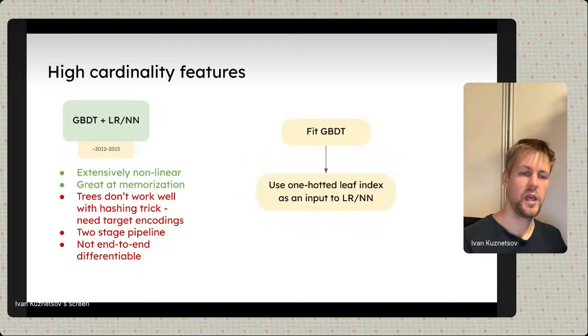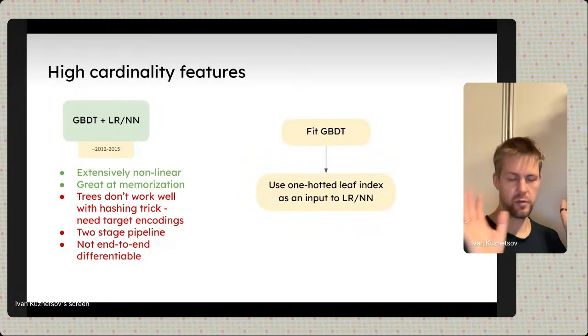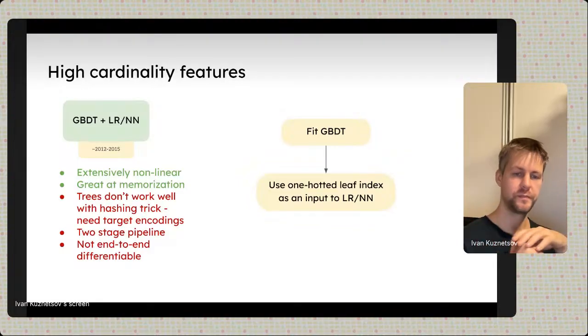So it's a mess and hard to reason about. That's one problem. Another problem is a two-stage pipeline that is also not end-to-end differentiable. You have first a gradient boosting decision tree, and then you also have linear regression or a neural network on top of it.